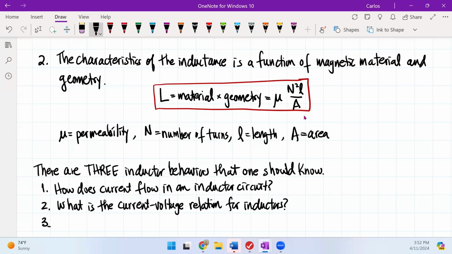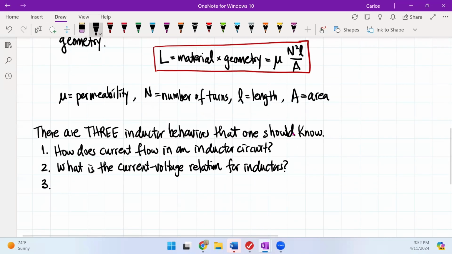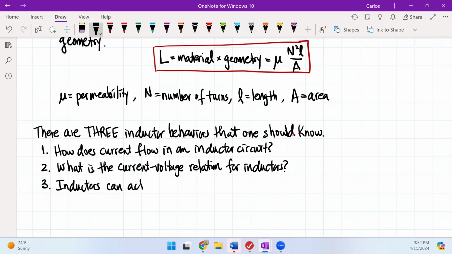And finally, three, inductors can act like open circuits and shorts.